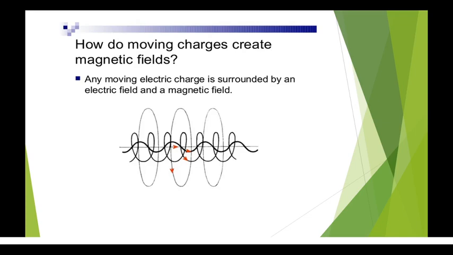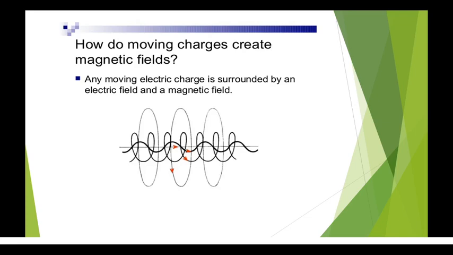We can find the intensity of the electric field at a distance r from this point charge with the equation E = 1/(4πε0) × q/r². That means the electric field depends on distance.